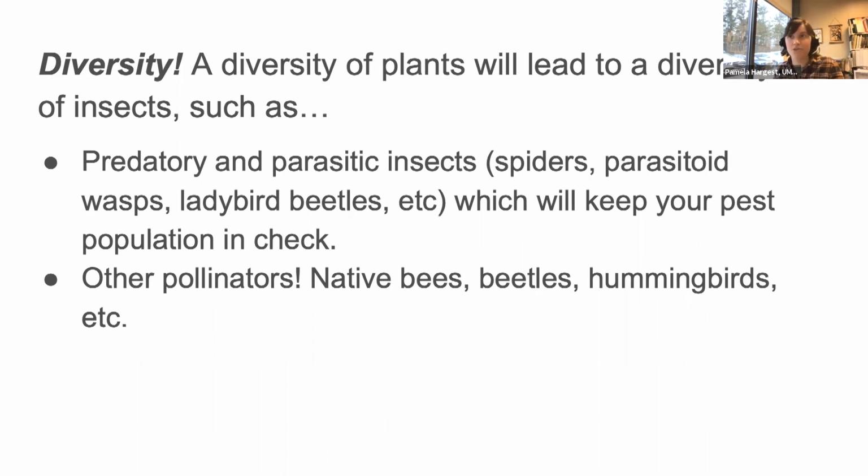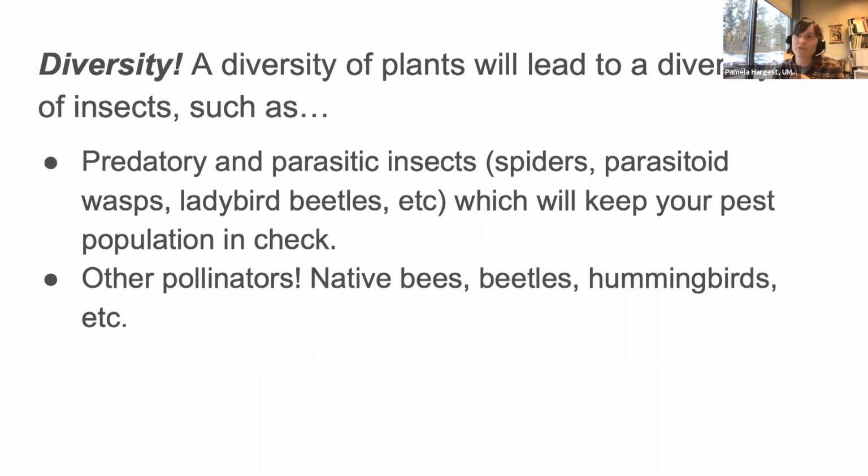Although you might think it's counterintuitive, because you are bringing in more insects because of the different types of flowers, for example, or leaf tissue that insects might consume, that's actually a good thing, because it means you're going to have a lot more what we might call beneficial insects that are going to prey on some of the pests that you have in your garden.